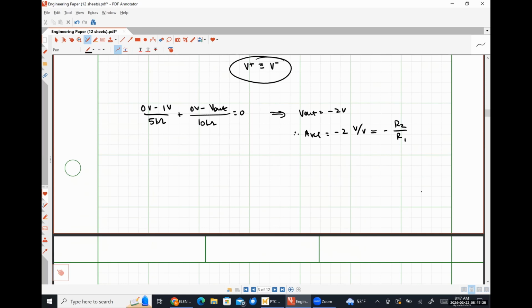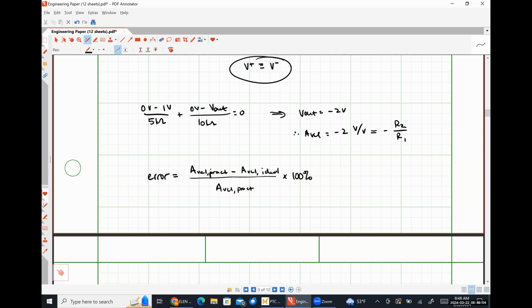So our error is going to be our voltage gain practical minus our voltage gain ideal over our voltage gain practical times 100%.